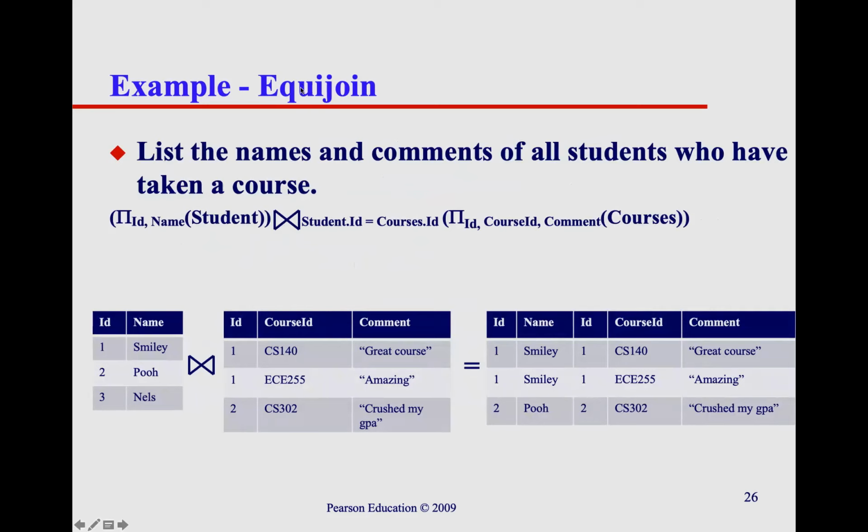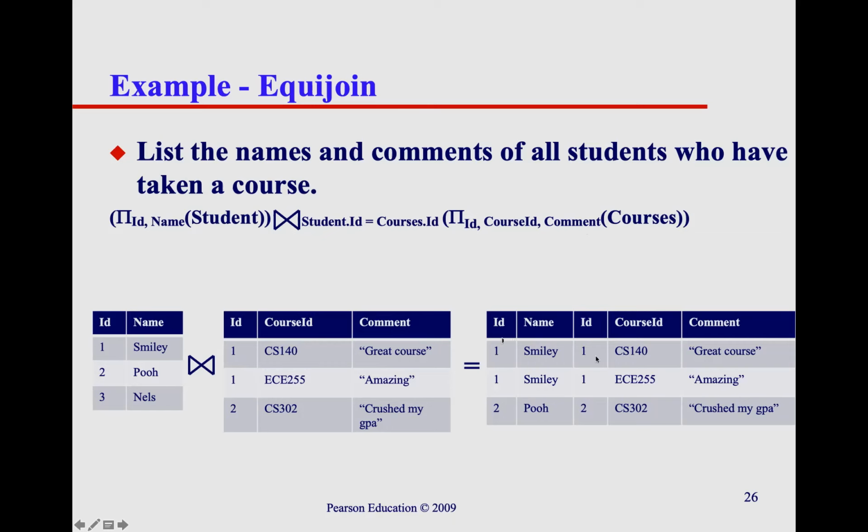That is called an equijoin. So notice you put the joining condition to the right of the bow tie. The way this is being done is the projection is done here first, projection is done here first, and then they are combined together. That's the order of operations. And in the join, the duplicate column should be removed.